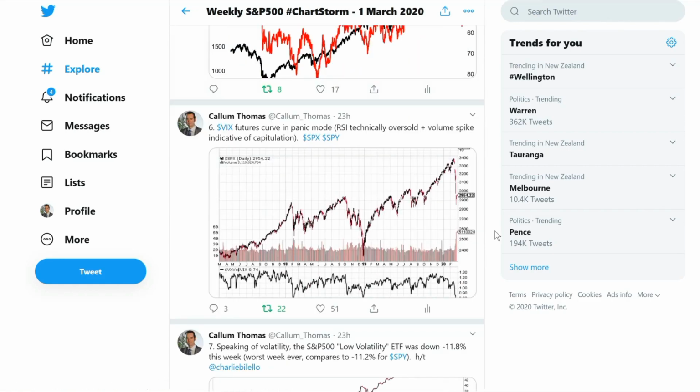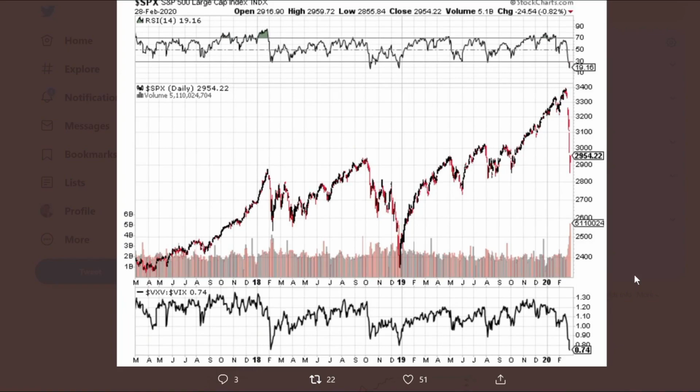So number 6 here, we've got the VIX futures curve in panic mode, and the RSI is technically oversold, and we've got a volume spike, which overall is indicative of capitulation. This is basically a textbook case study of market capitulation, or selling capitulation.